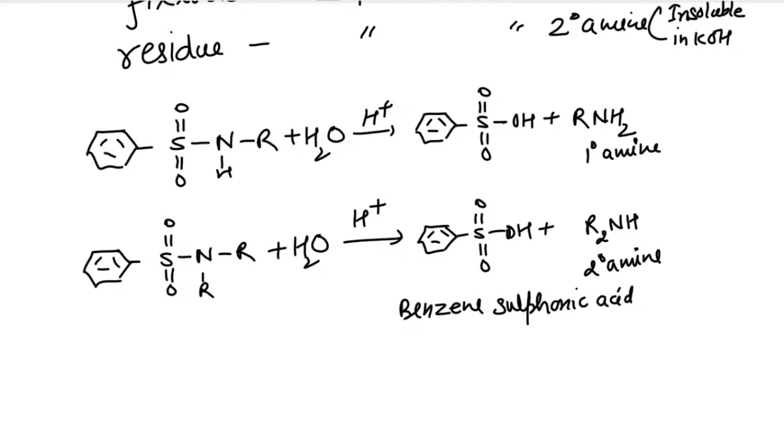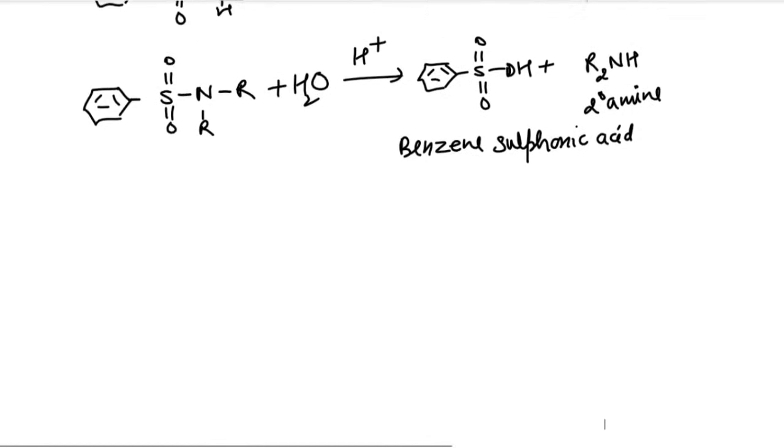So we can separate them. So the Hinsberg reagent test is used to distinguish and separate primary, secondary, and tertiary amines. Right? So this is all about amines.